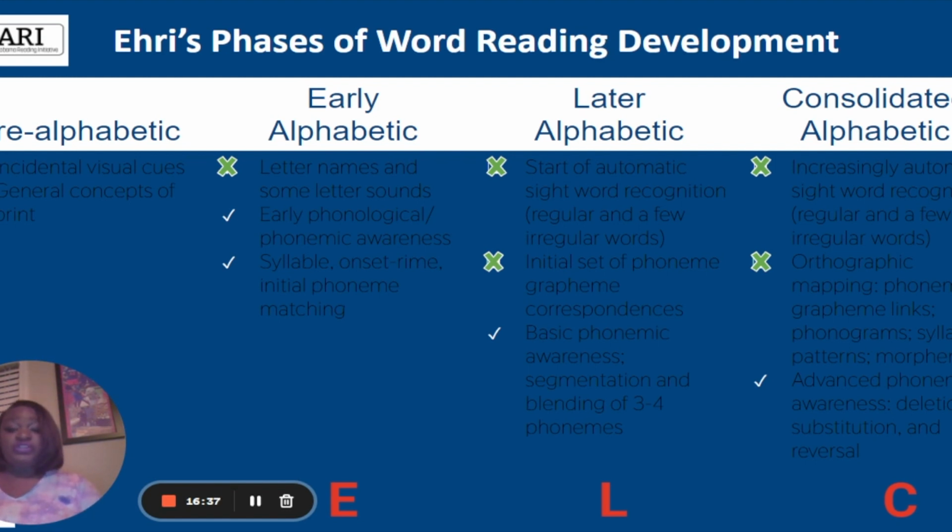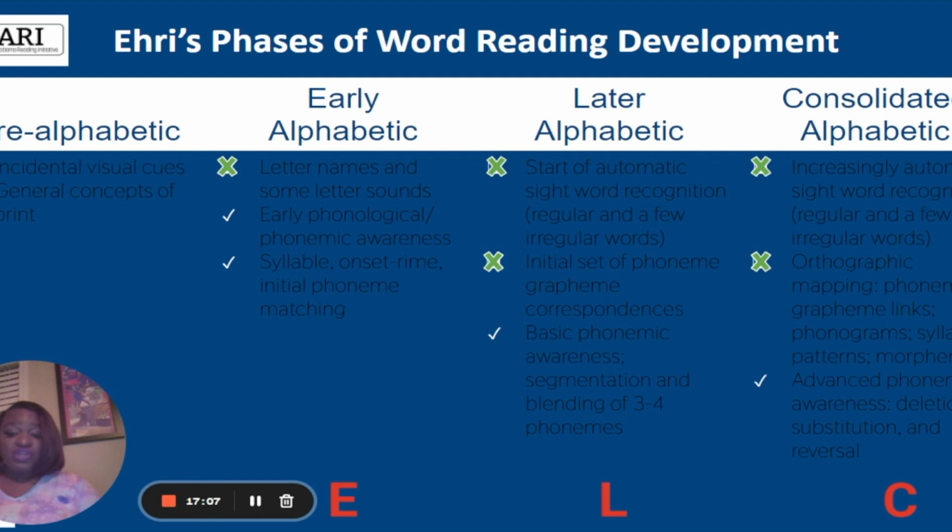When we move to the early alphabetic phase, we see that there are two skills or areas that are phonological and phonemic awareness areas. The first one being early phonological phonemic awareness, and the second one being syllable, onset, rhyme, initial phoneme matching.